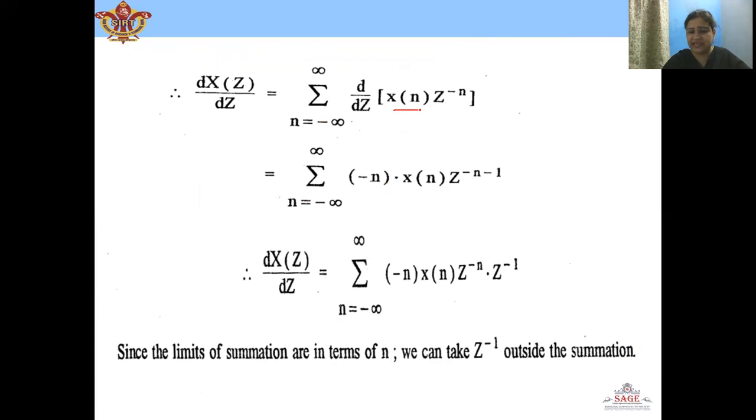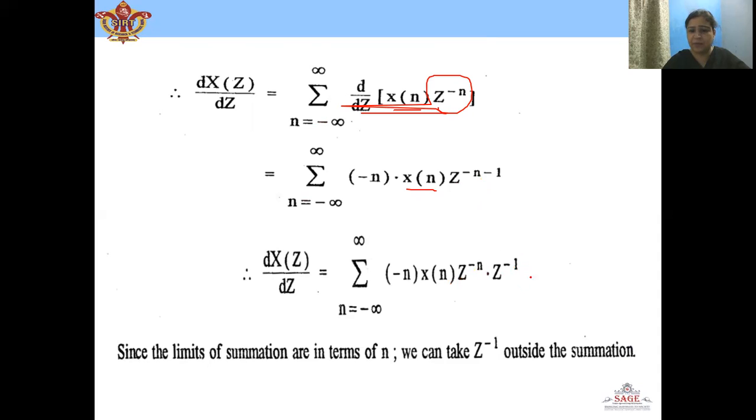Now x[n] is independent of z, so it will be written as x[n] only. Now we want to find the derivative of z raised to power minus n. The derivative of z raised to power minus n with respect to z is minus n z raised to power minus n minus 1. Now this minus n and x[n] will be taken together, and z raised to power minus n and z raised to power minus 1 will be separated.